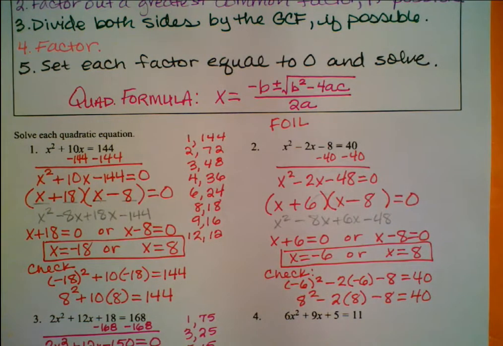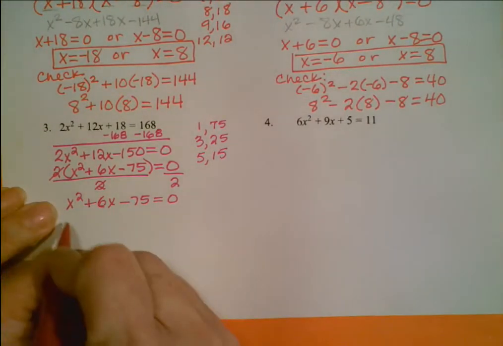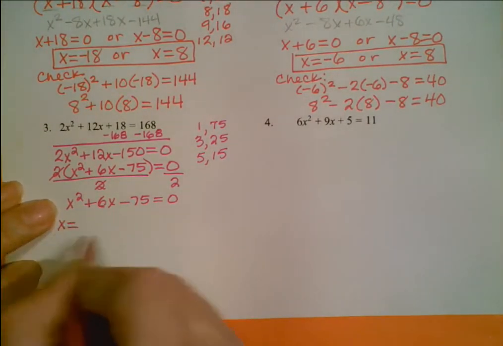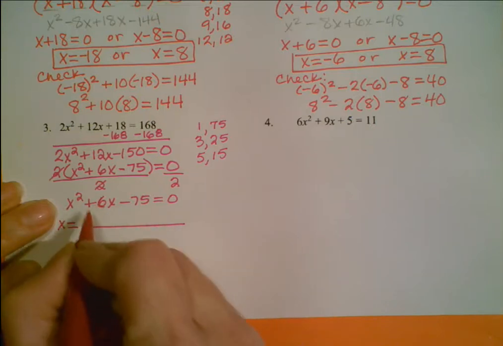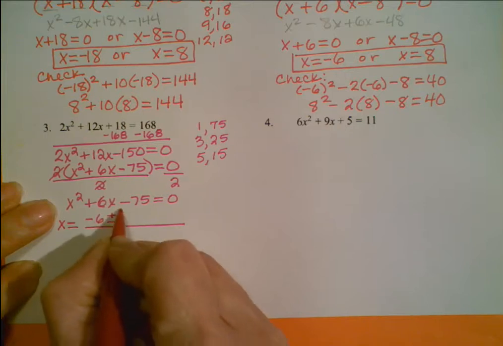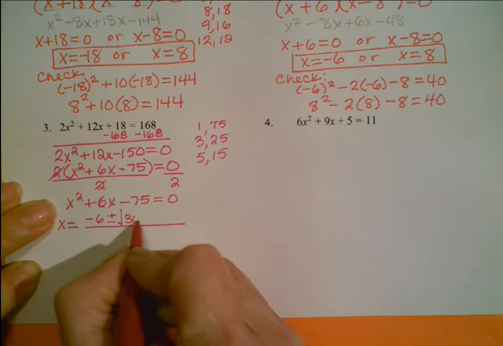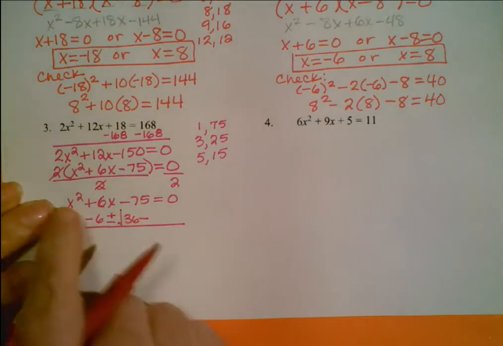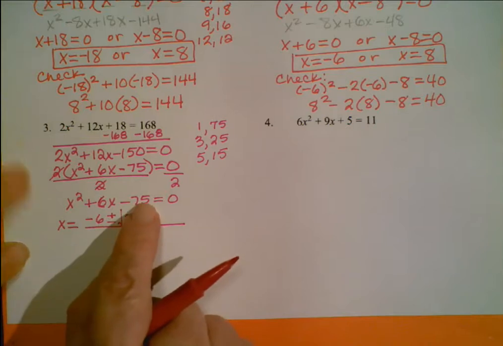All right, so in this case, in our solution down here in number 3, we're going to use that quadratic formula to solve it. So x equals, let's deal with the numerator first, the opposite of b, so the opposite of 6 is negative 6, plus or minus the square root of b squared, so b squared is 36, minus 4 times a, which is 1, times c, which is negative 75.